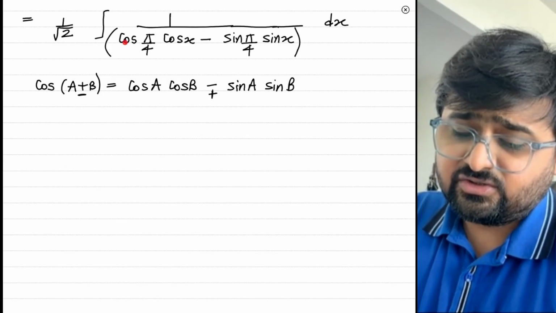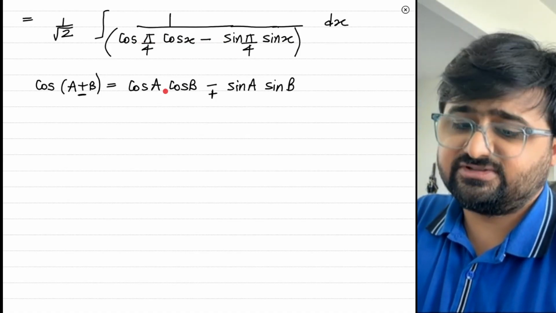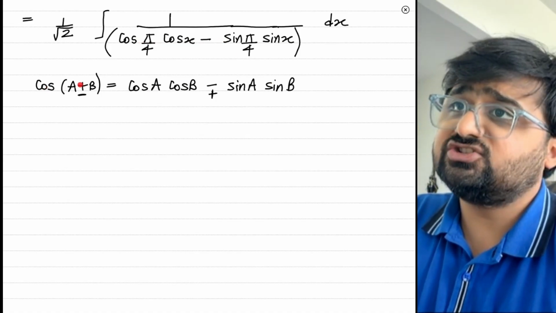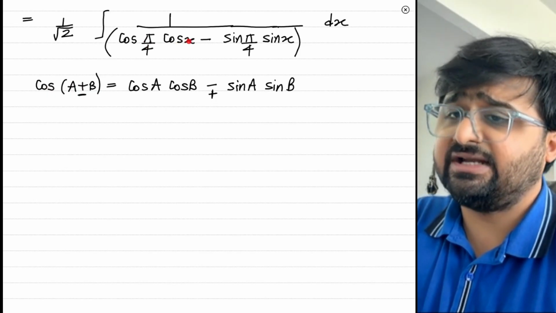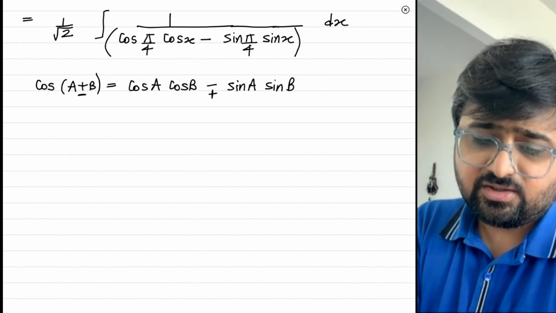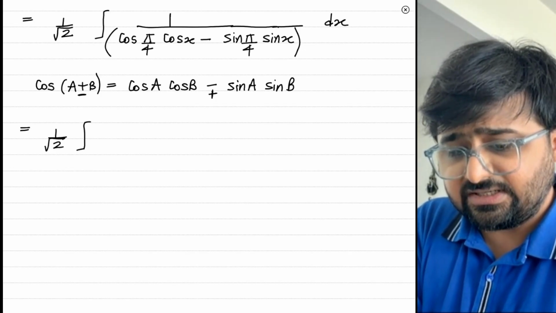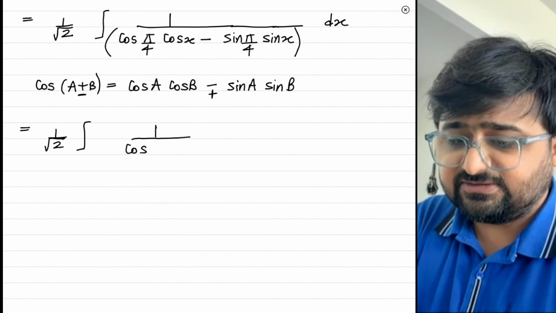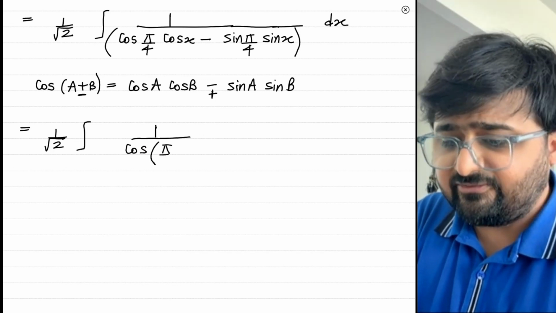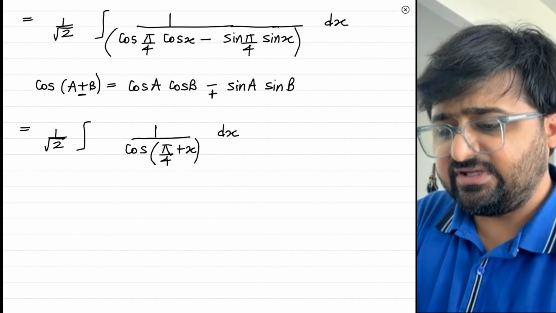So the term cos pi by 4 cos x minus sine pi by 4 sine x can be written as cos of a plus b, where a is pi by 4 and x is b. So what you will have is 1 over square root of 2 integral of 1 over cos of pi by 4 plus x, and I have dx.